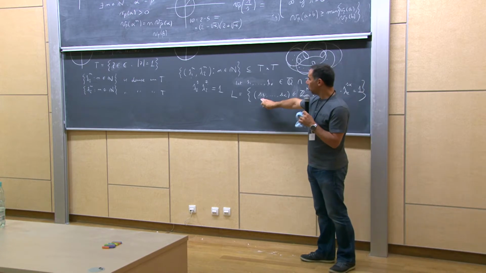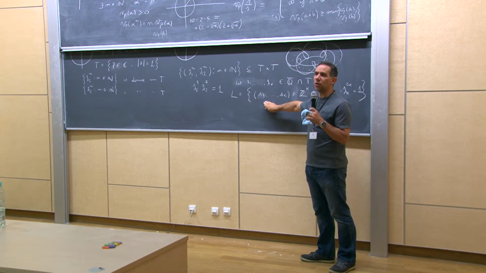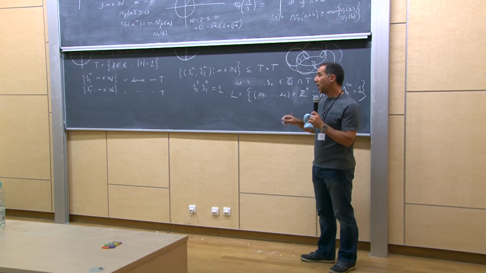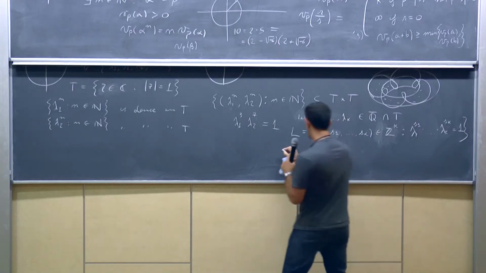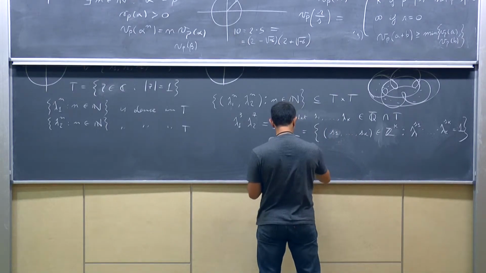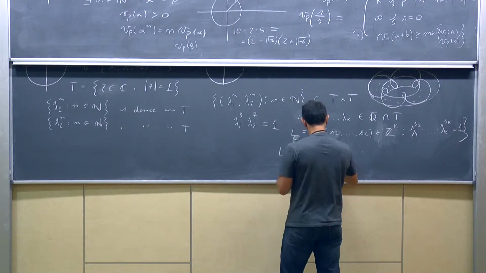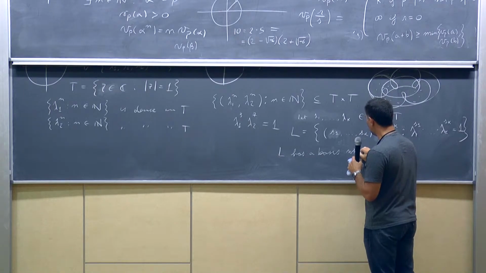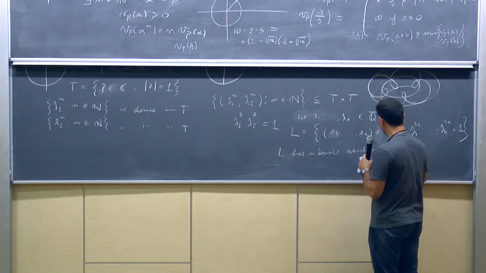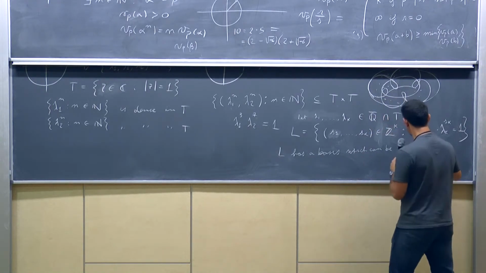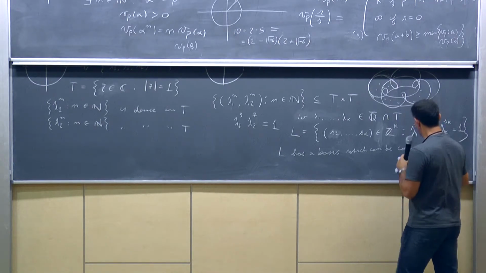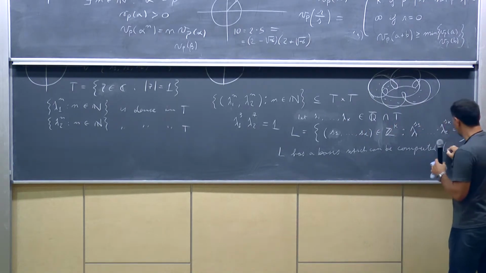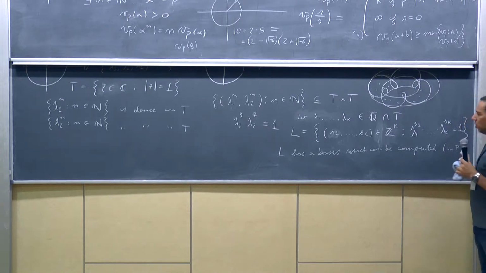Okay. So this is actually a Z module, or equivalently a free abelian group. And it has a basis. So L has a basis, which can be computed, and it turns out in polynomial time. But we're not going to use this.